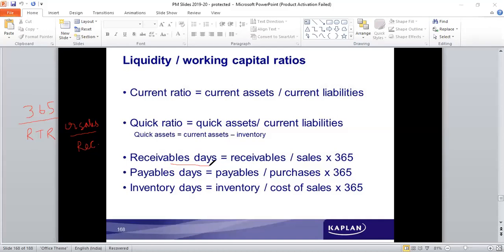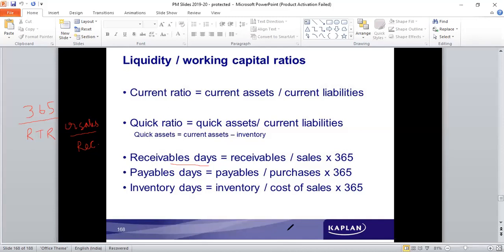How long is the amount held in receivables? Because once they invest in a current asset, the amount will be blocked there. So for how long the investment is held in a particular variable is what is calculated.